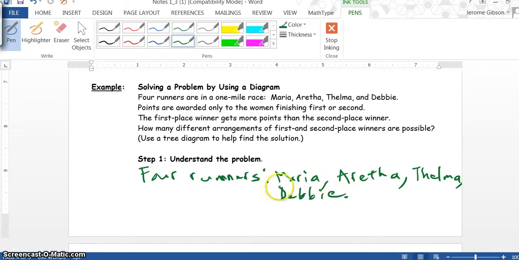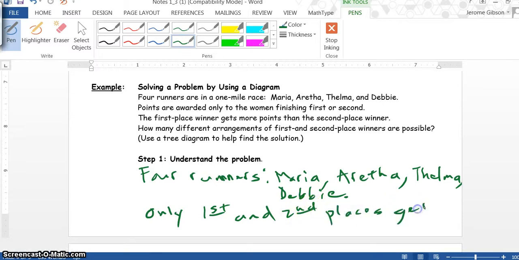Now we know we have 4 runners and only first and second place gets points.